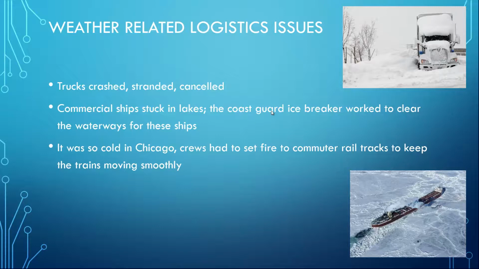The Coast Guard icebreaker worked to clear the waterway for these ships. And it was so cold in Chicago, crews had to set fire to commuter rail tracks to keep the trains moving smoothly. To that limit, it was so cold that everything was literally frozen.